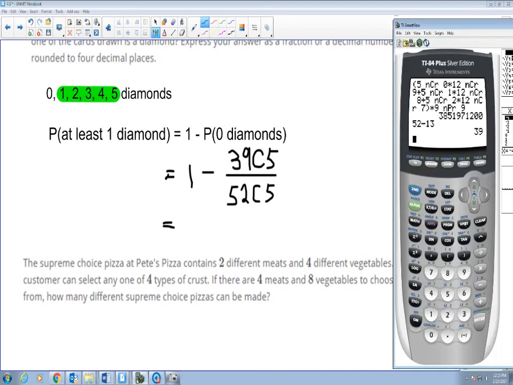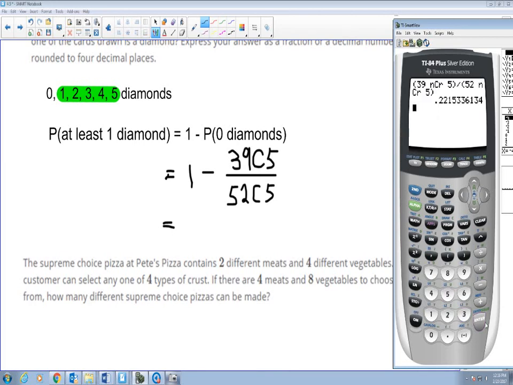So I'm going to put this in the calculator one time. This is going to be 1 minus... You know what? I'm going to do this separately. I'm going to do the 39 choosing 5 first on top, 39 choosing 5, close parenthesis, divided by 52 choosing 5.